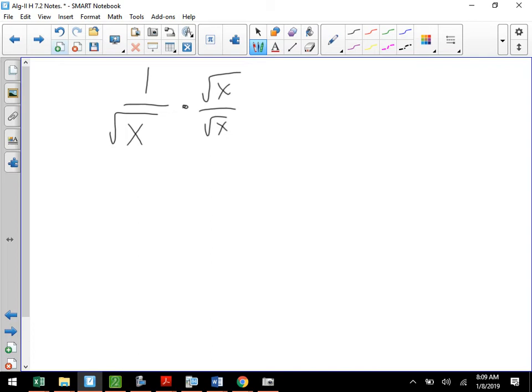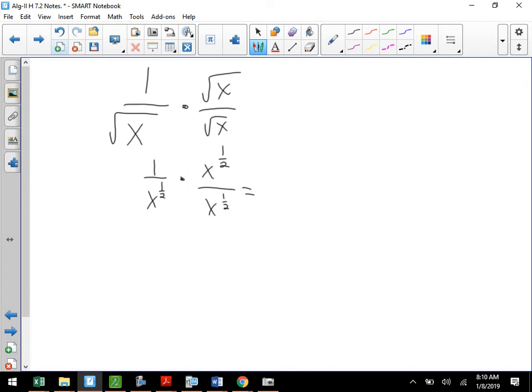Now, think about that in terms of rational exponents. What's a square root as an exponent? It's a half, isn't it? So if I multiply the top and bottom by, what's 1/2 plus 1/2? 1.